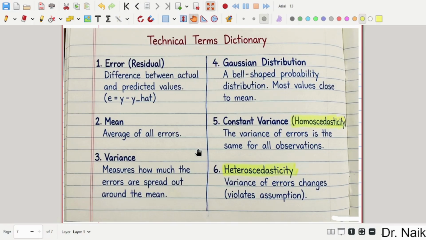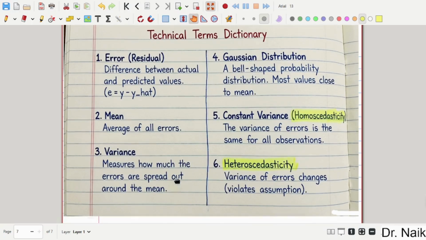Mean is the average of all errors, and variance measures how much the errors are spread around the mean. The variance of error is the same for all observations, which means it is a constant variance. If the variance of error changes, then it violates our assumption.